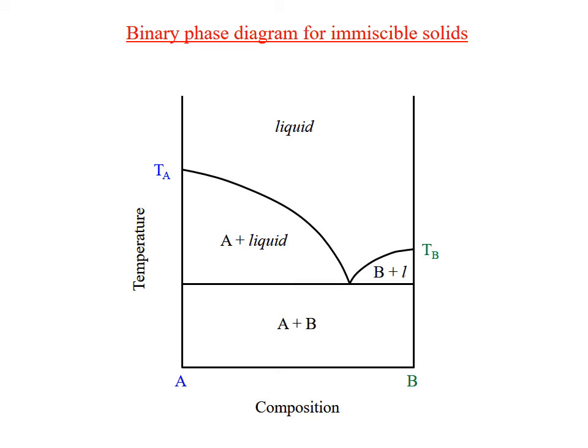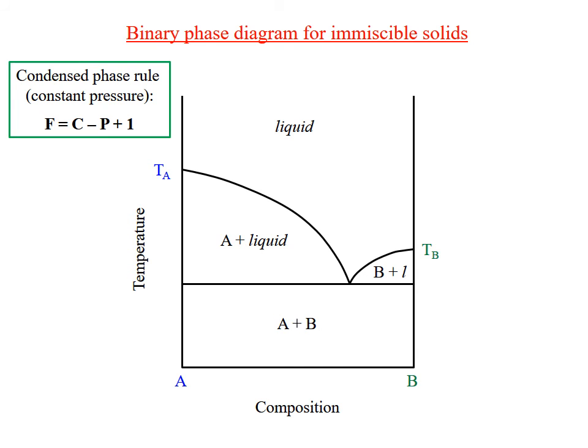As phase diagrams become more complicated like this, we have to be careful to ensure that they remain thermodynamically valid. We do this with respect to the condensed phase rule. That says that the number of degrees of freedom of a system is equal to the number of components of the system, in the case of this phase diagram, C equals 2, we have two components, A and B, minus the number of phases in equilibrium, plus 1.